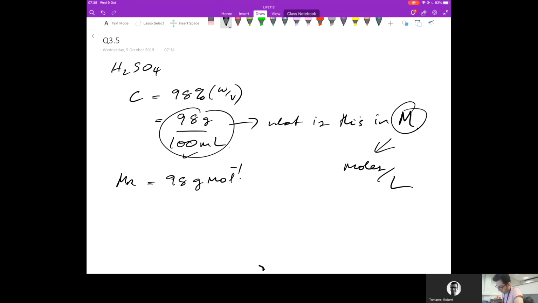So I've got 98 over 100 milliliters divided by 98 grams per mole. I'm going to cancel that. That's going to go to the top.